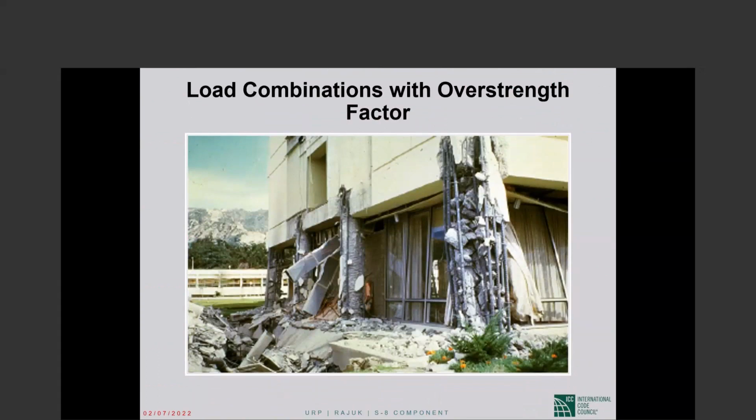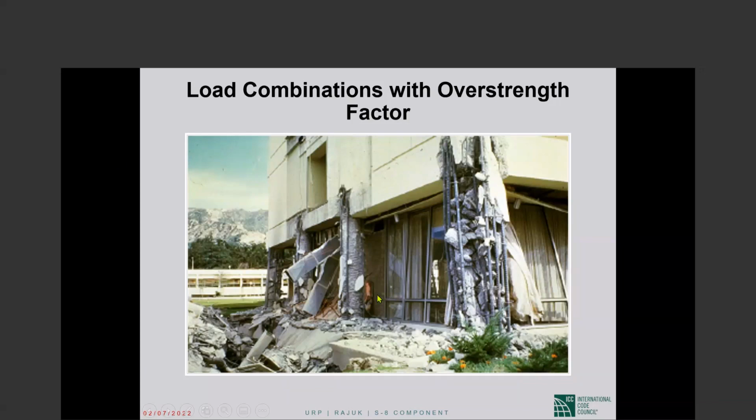I showed you a picture the other day where the ambulances were pinned down by the canopy that had fallen on them. This is a side face of the building. So these columns are supporting steep shear walls above, as you can see very clearly.